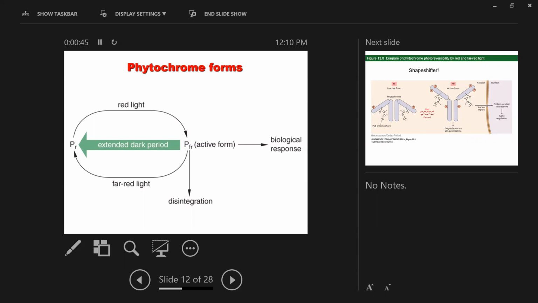Right. So if a plant senses it has a lot of Pr, what is creating a lot of Pr to build up in its body?